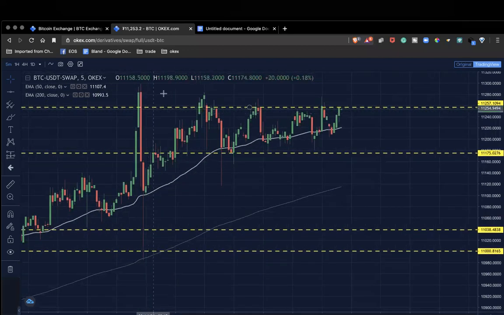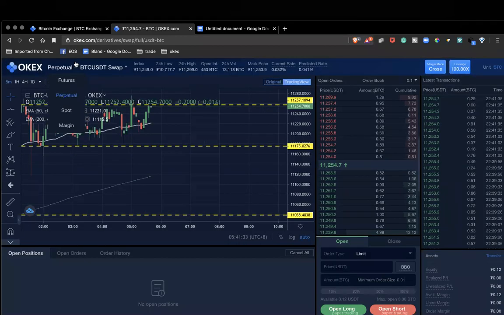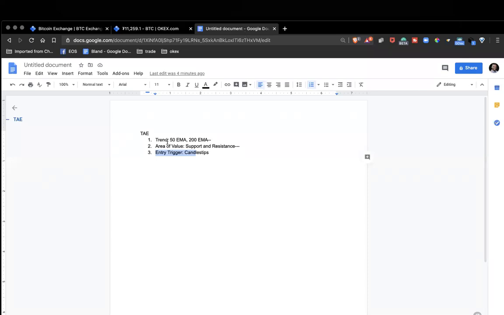Okay, I'll just stop this video, and then in the next video we're going to place live trades on the OKEx demo trading platform using this simple strategy of identifying the trend, identifying the area of value, and using candlesticks as entry triggers.